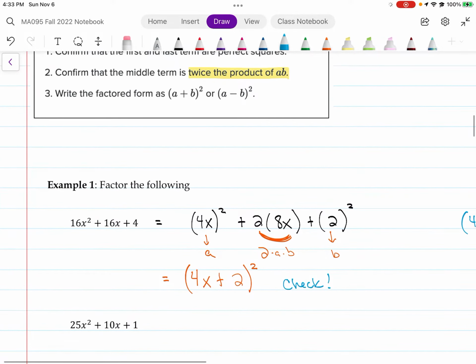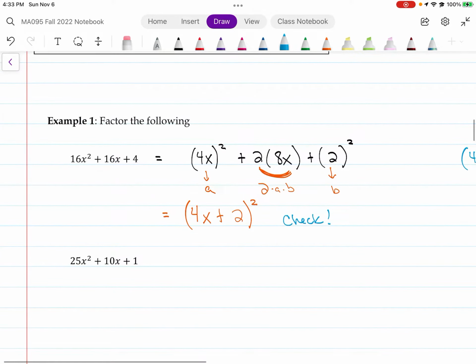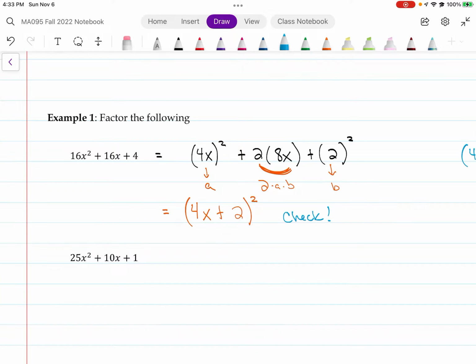All right, let's try the next one. So give this one a try. Pause the video and see what you can do with it. Okay, so hopefully you see that this is 5x squared plus, leave that one for just a second, and this one is 1 squared. That's a tricky one, that's 1 squared.